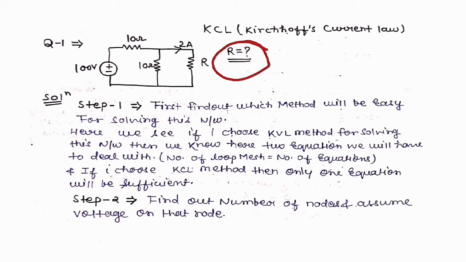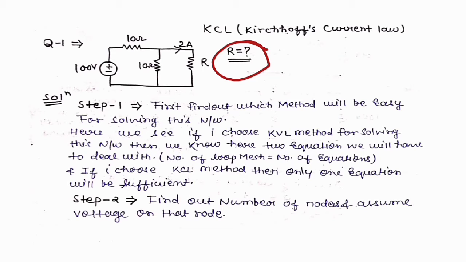Because in both ways you can solve this network, either with KVL or with KCL, but the easier one is better, because a lot of mistakes are avoided when you choose the easy method for the particular network.